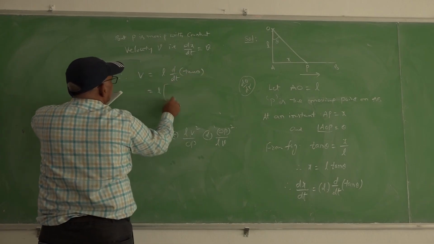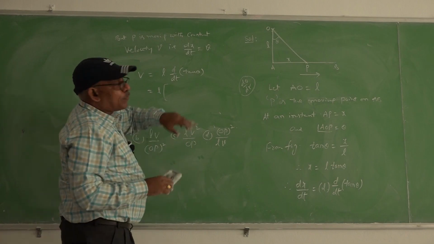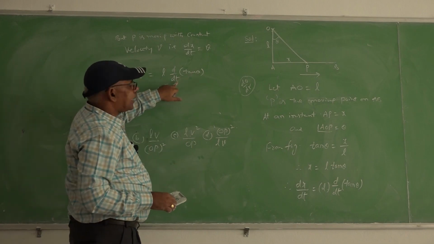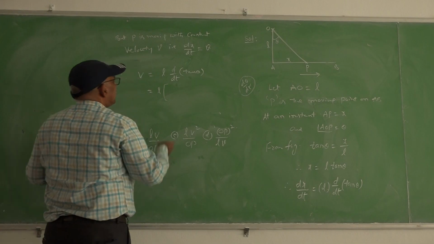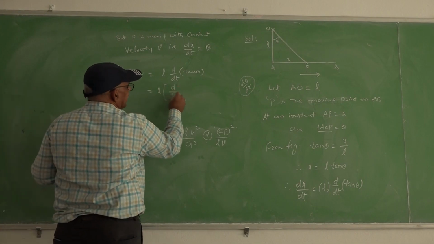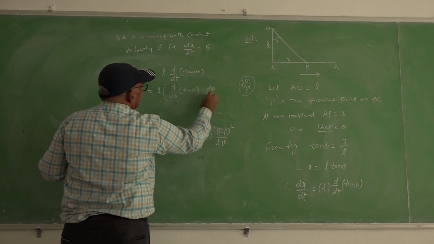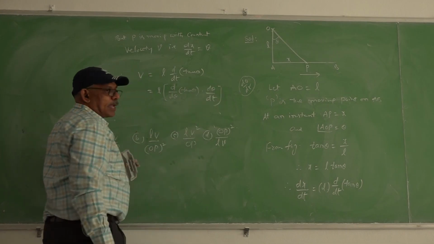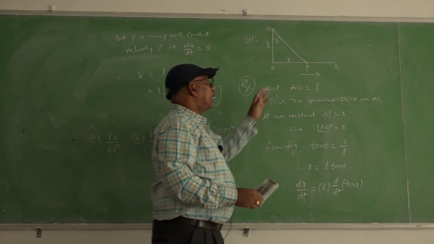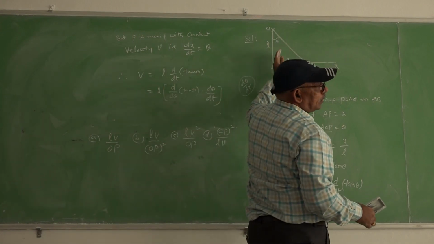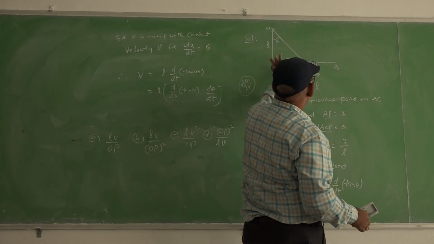That is L into, since the function is in theta whereas we are differentiating with respect to t, it may be written as d by d theta of tan theta into d theta by dt, because theta varies according to time. As x varies, theta varies, and x is varying according to time.